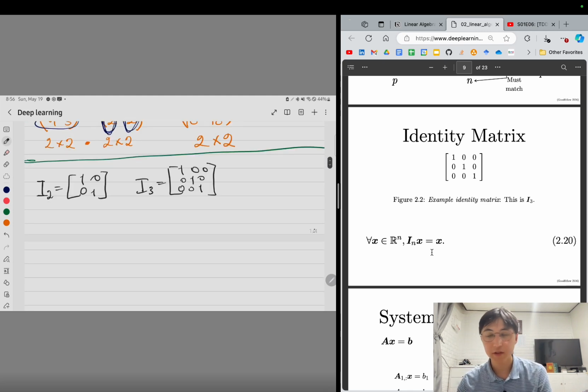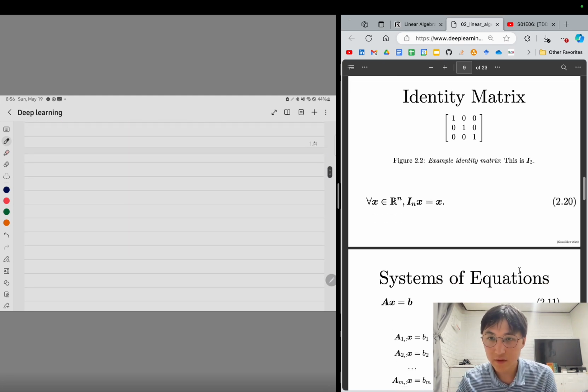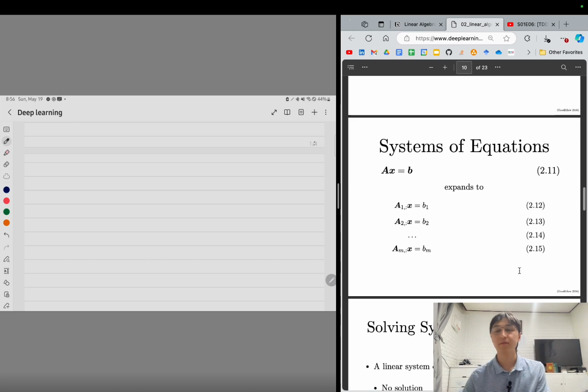We talked about the identity matrix, and now we will talk about systems of equations. So we have equations, assuming that there is a matrix A, a vector x, and a vector b.